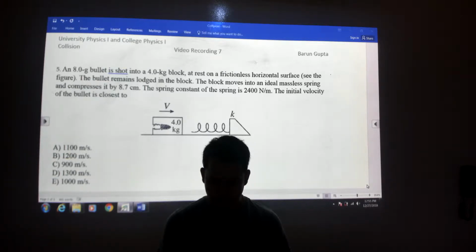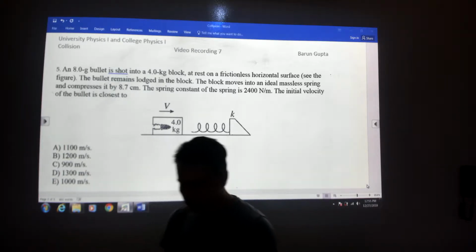So in this case we're going to use two physics concepts. The first one is the principle of conservation of energy, and the second one is the principle of conservation of linear momentum. What is this problem asking?